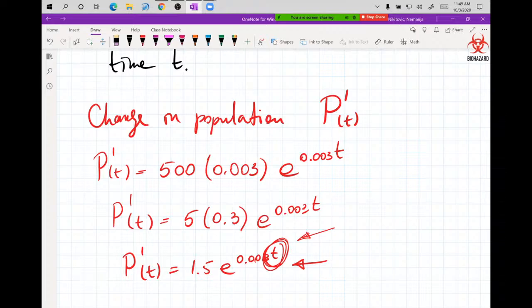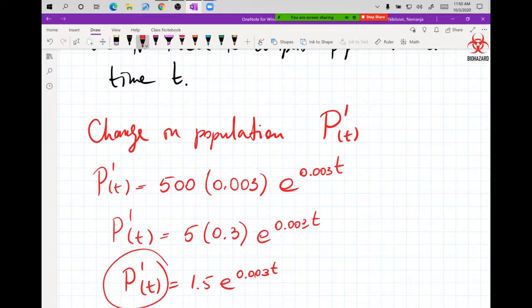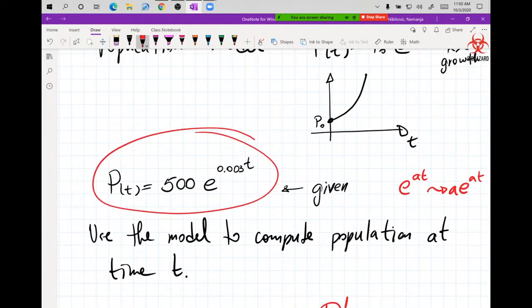So this formula calculates the difference, how many additional rabbits you have in that 1 year, because it's calculating the change in population. Remember, that's what calculus wants. Calculus measures the change. It's not measuring current population. Current population is pre-calculus stuff.